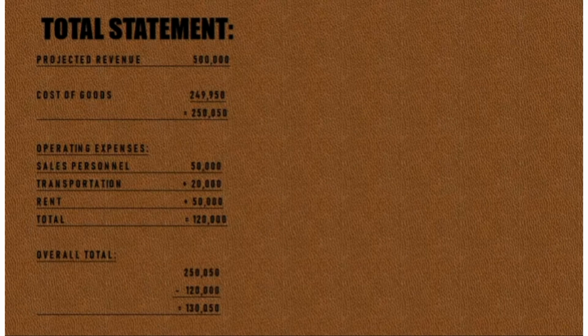Here we have sales personnel equal to 50,000 pesos a year. Next is transportation equal to 20,000 pesos a year. And next, the rent is equal to 50,000 pesos a year. So, we come up with a total of 120,000 pesos operating expenses.